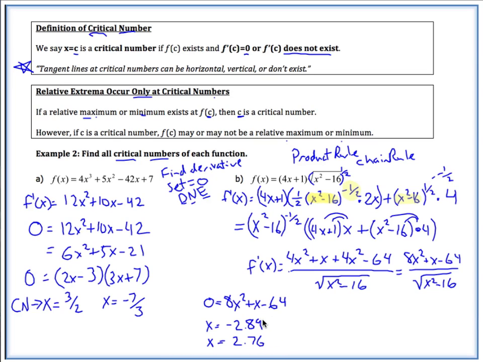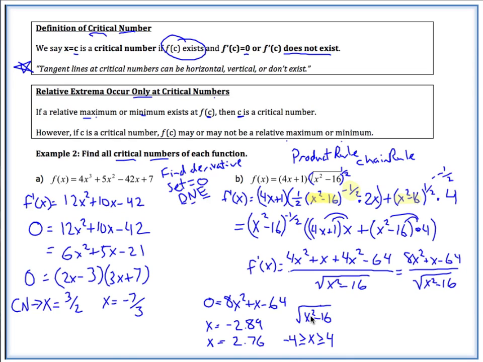Okay, now one thing I want to note for you guys here. We say it's a critical number if f of c exists. So does our function exist at negative 2.89? Well, when we take a look at the square root of x squared minus 16, remember, this is only going to work when x is greater than or equal to 4 or less than or equal to negative 4.